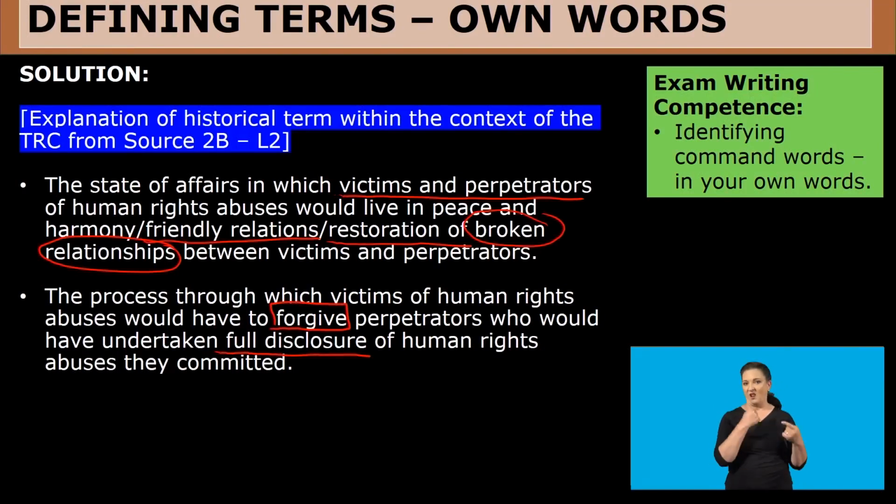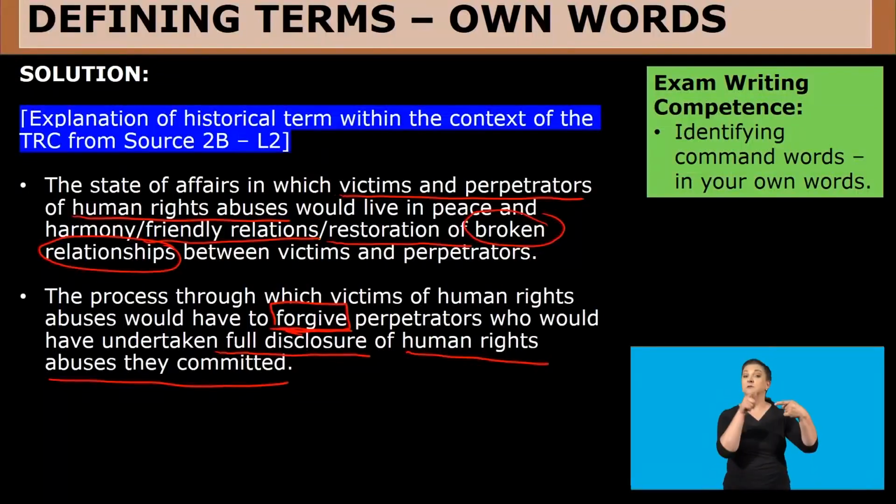So they committed these human rights abuses. You can see that that is also very important. It comes in both these possible responses. The first response says human rights abuses, and then the next one also speaks to human rights abuses. And then both responses also speak to the coming together of these people. And this one specifically says forgiveness. That's very important.